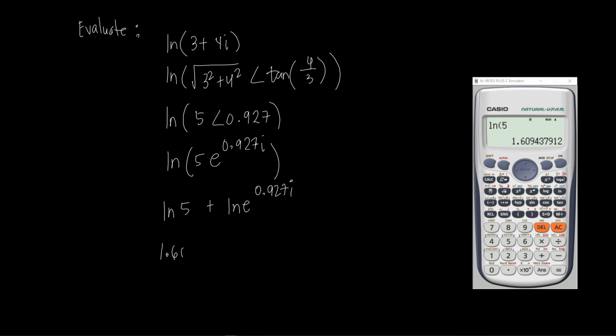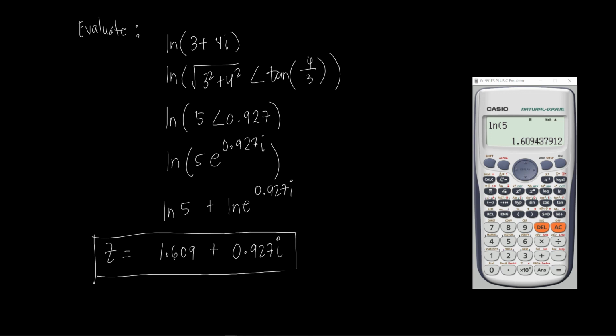So, 1.609 plus, mawala ang ln e, so 0.927i. Okay? So, if ever ipa-convert pa into rectangular form, dali na lang. Kung gusto niya in rectangular form, then that would be your final answer.